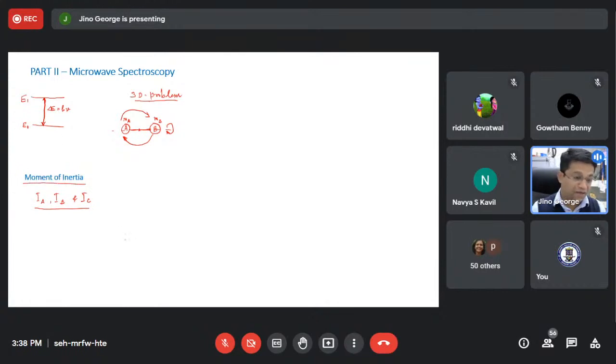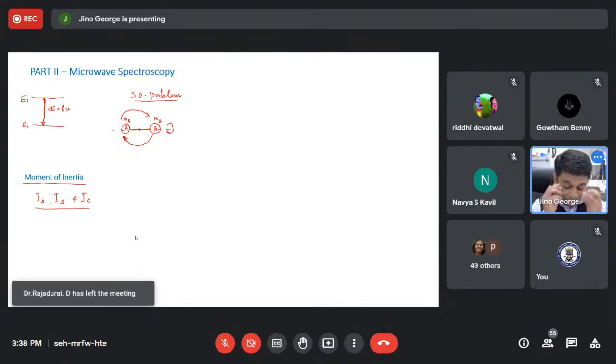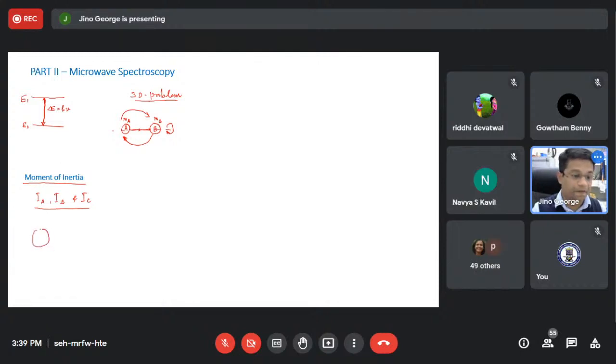This term is called the moment of inertia. Moment of inertia, classically, you might have studied in your higher secondary school. Literally, moment of inertia is connecting the mass with the distance, mass into the distance separating them. So if you take any material, like a sphere here, this is your R and it has a mass M, then your I is equal to M R squared, right?